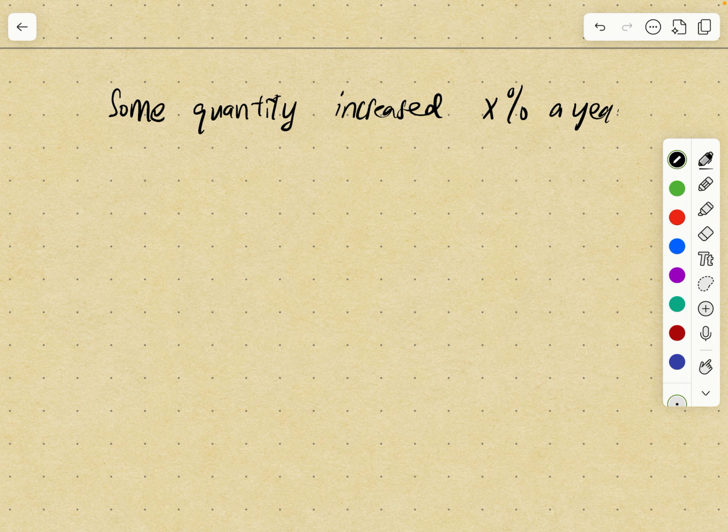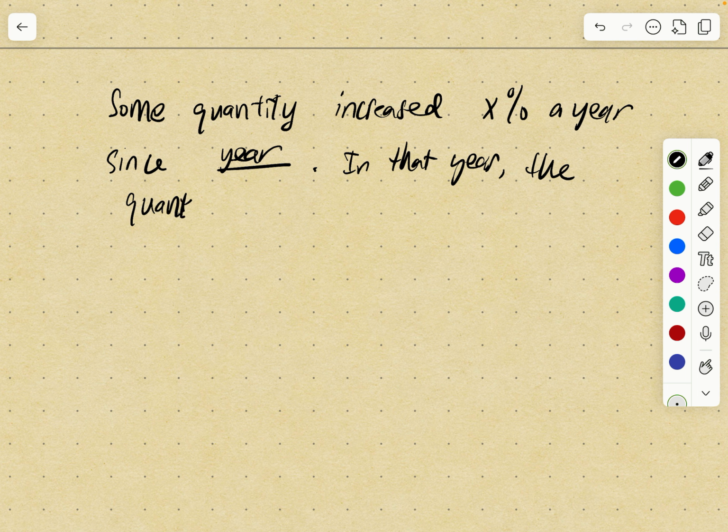So in general, if you have some quantity increased by, say, X percent a year since a certain year, and in that year the quantity was A, then in n years, what would you have?